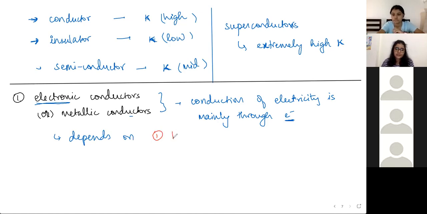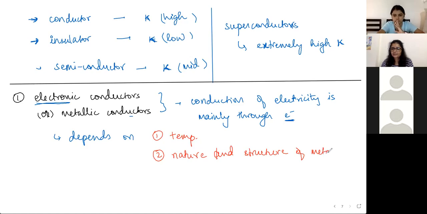Temperature, for sure, yes. What else? The type of metal. Yes, we can say the nature and structure of the metal, like what sort of crystal structure and inherent nature.